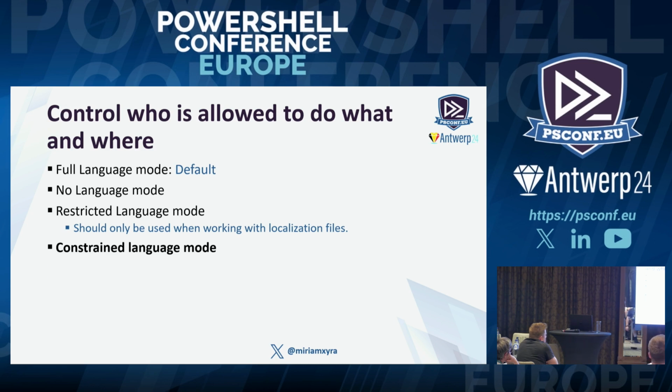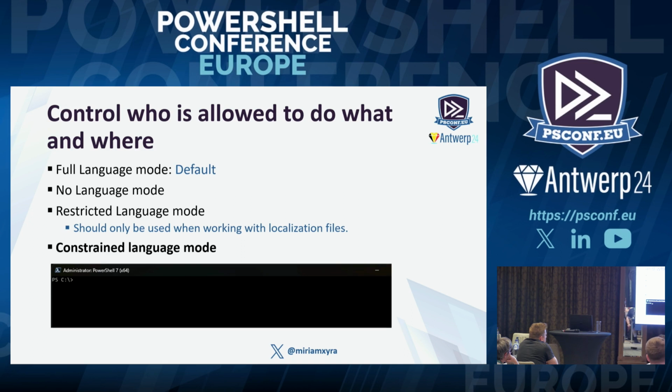And that went a little bit too quick. Oh, here we go. So we can see what language mode is enabled by running the following command that you see here. You see, constrained language is enabled.